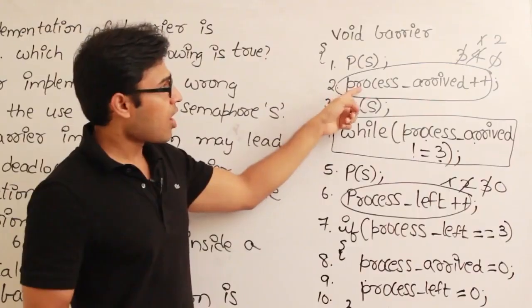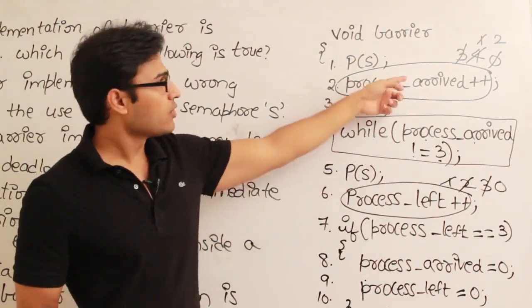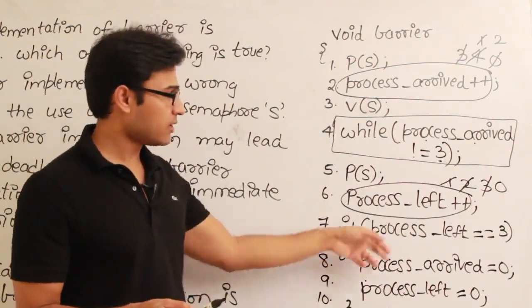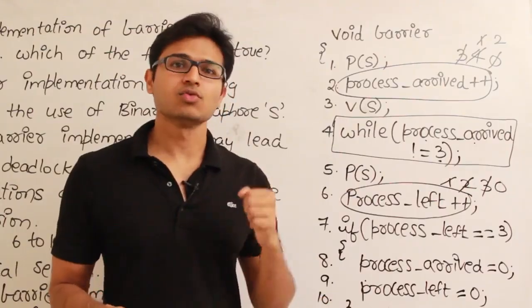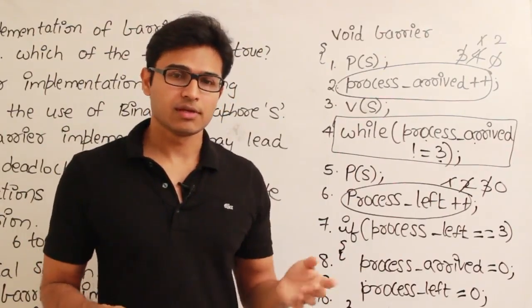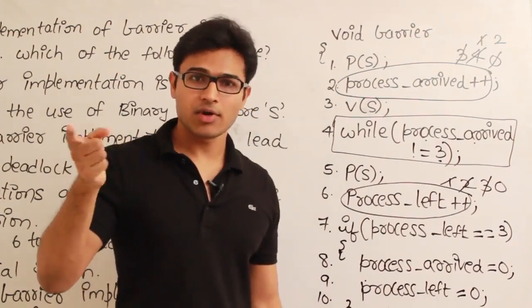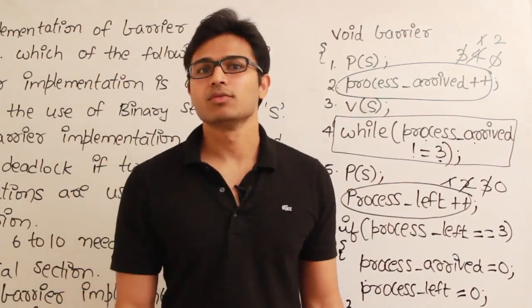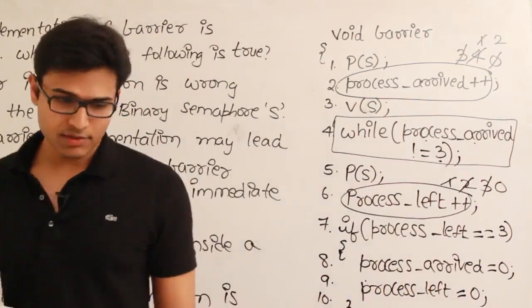And therefore even though one process is in the while loop, here you will show the wrong value as process arrived equal to 0, and then later 2 processes will come and still they are going to make process arrived 2, which is supposed to be 3. Therefore the set of 3 processes are waiting for the arrived variable to become 3, whose value could be just 2 in this case, right? Therefore it is going to fail because of this.